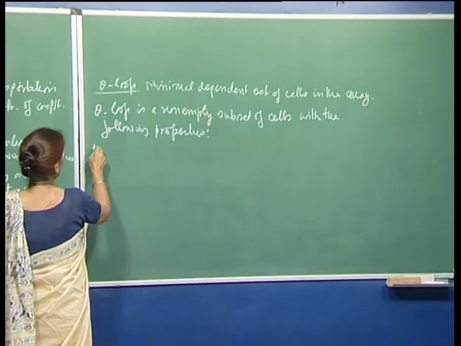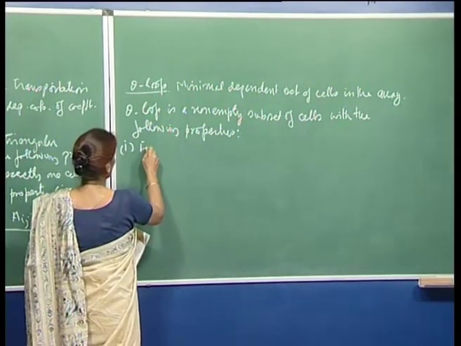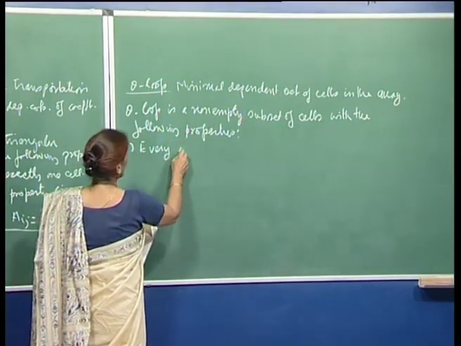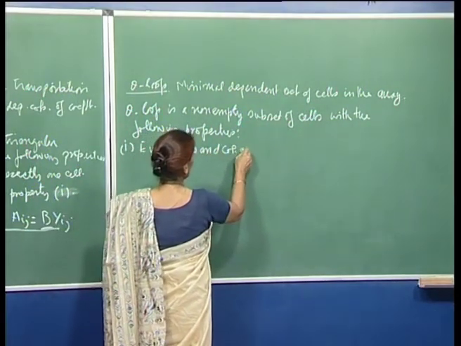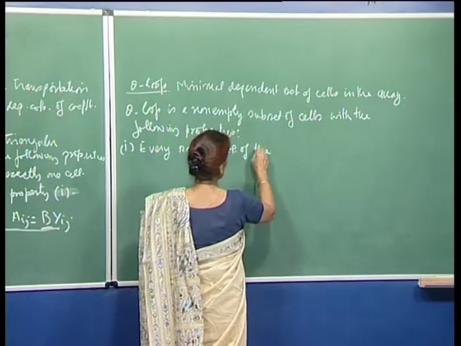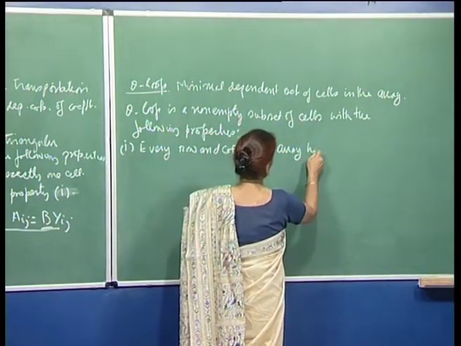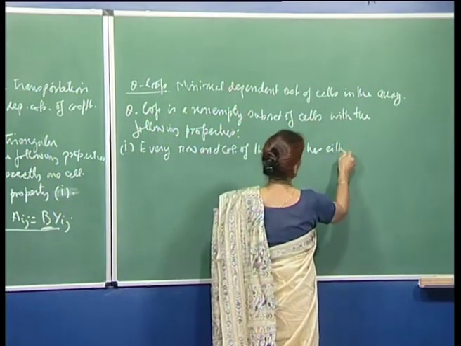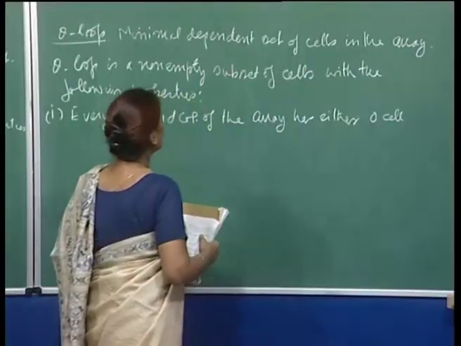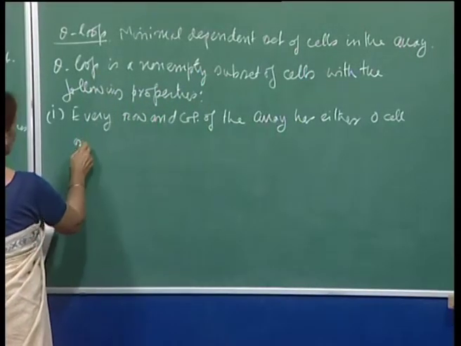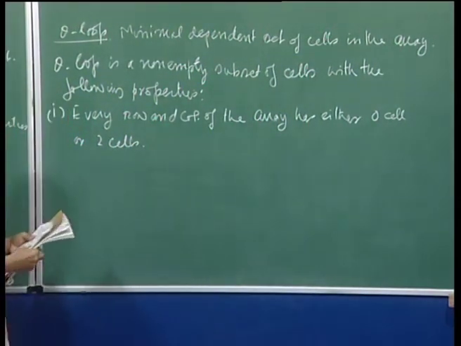Okay. The first property says that every row and column of the array has either 0 cell, so 0 cell or 2 cells from this theta loop, right.